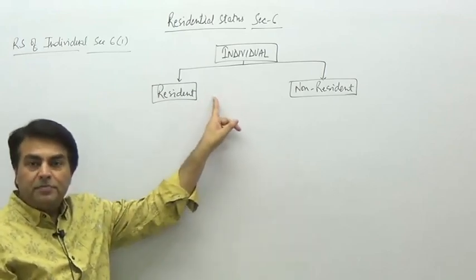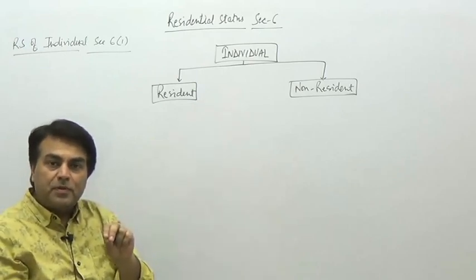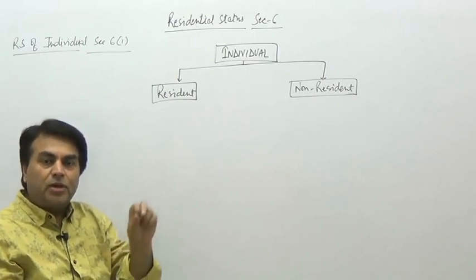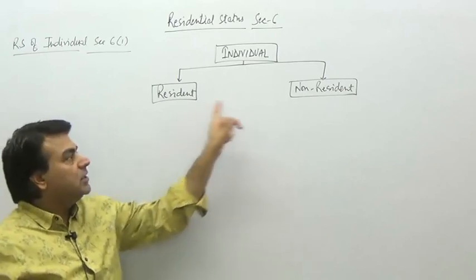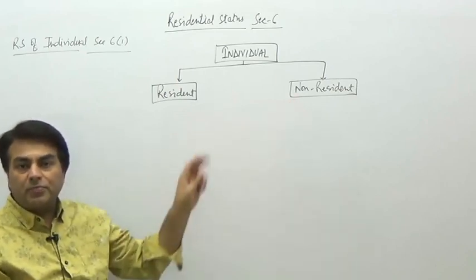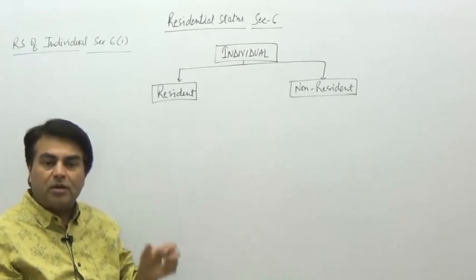Up till here, if you are able to work out by applying the test, I will tell you what the test is, that this person is a non-resident, your determination for the RS of this individual is over. He has now become a non-resident.